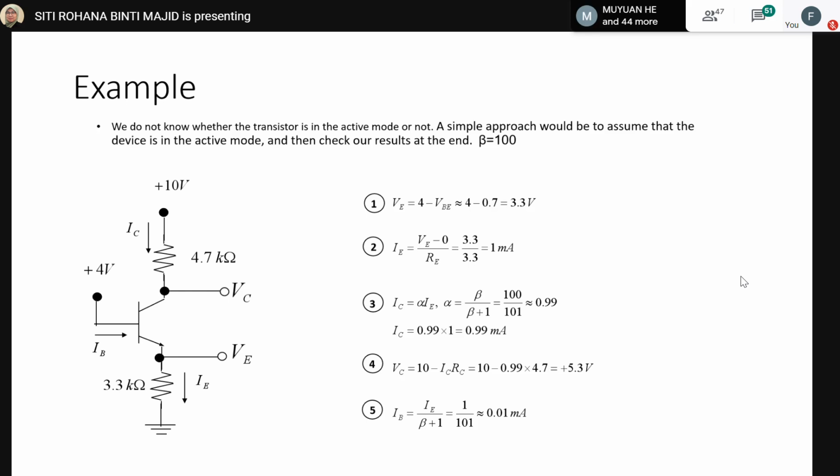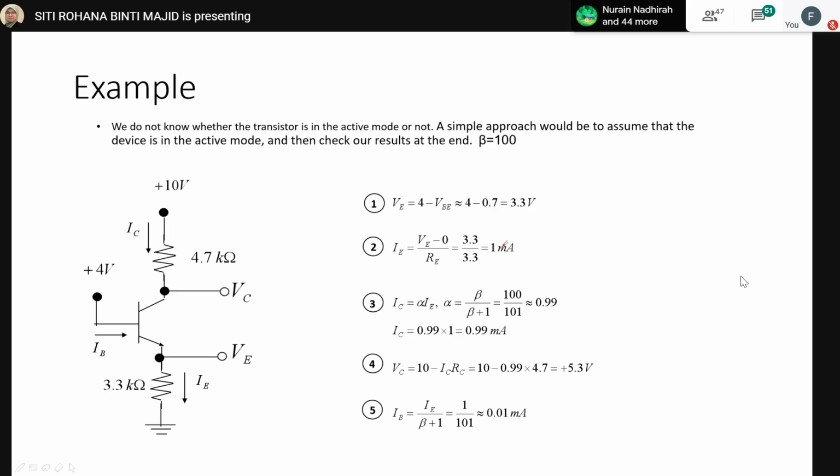So we should consider the VBE on. The second one is IE, the current flowing in this circuit. We can calculate it from VE minus 0 over RE, which is the resistance at the emitter terminal.